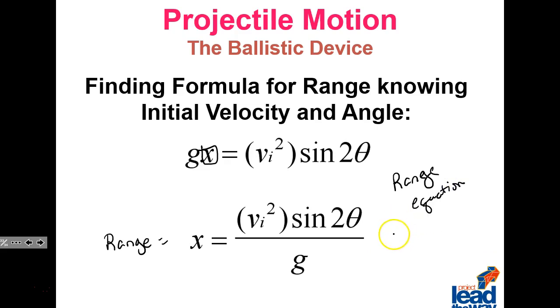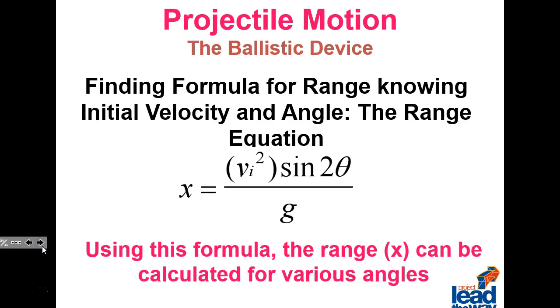It's also important to note that it does require that the object start at a certain height, be fired at an angle, but come back down to the same height. So the range is always going to consider the same height. And using that formula, the range can be calculated for various angles without knowing how long it takes. So this is time independent.